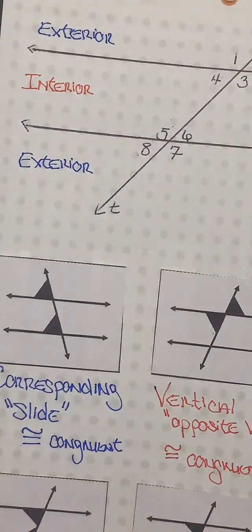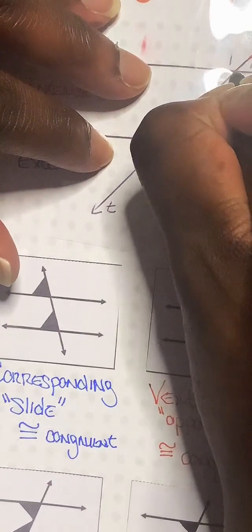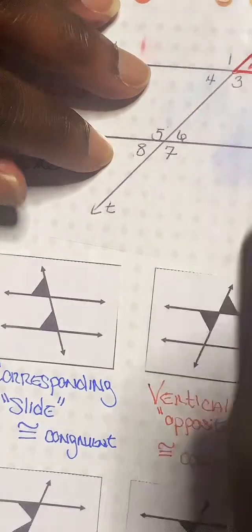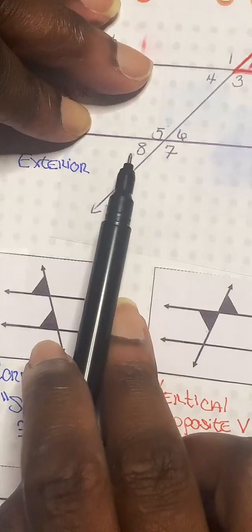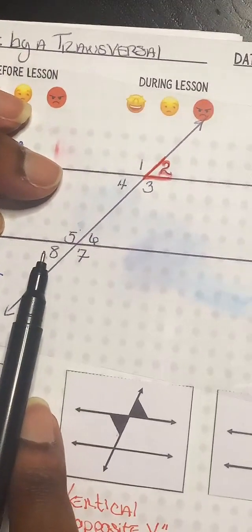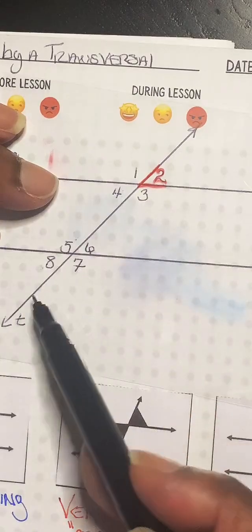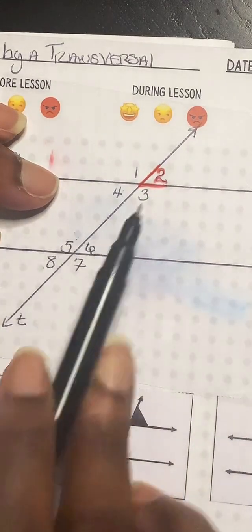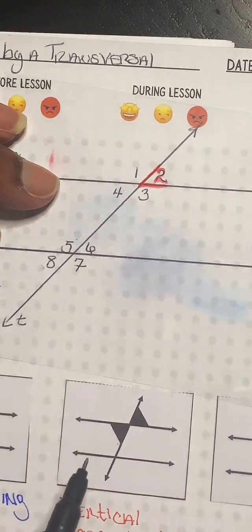So one, if I may say, let's use angle 2 again. So we got angle 2. And we're comparing it to the alternate. The reason why I'm saying alternate is because on the transversal, it's on the opposite sides of the transversal. One's on the right and one's on the left.